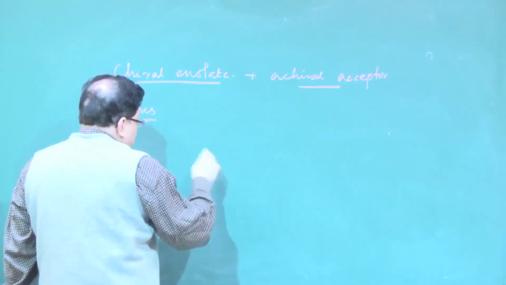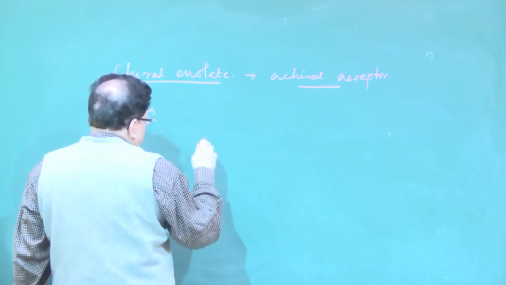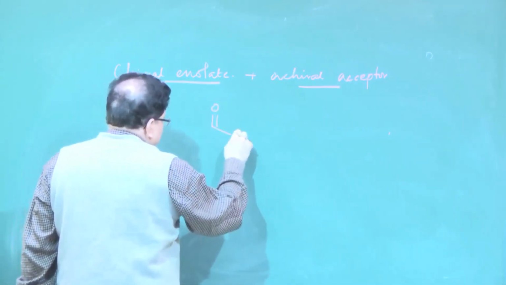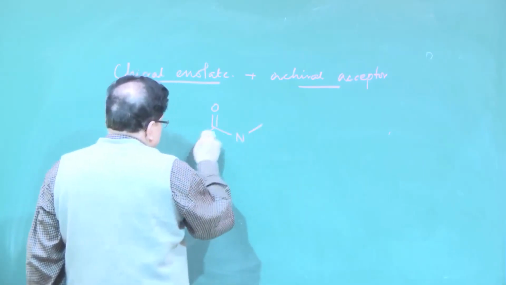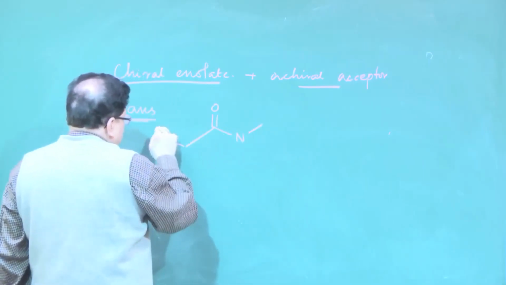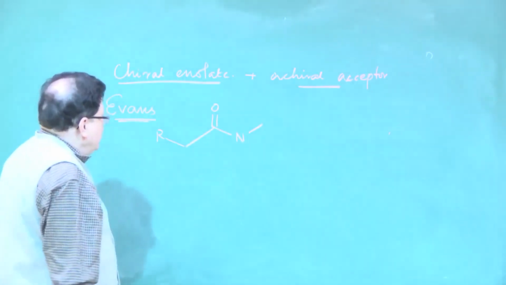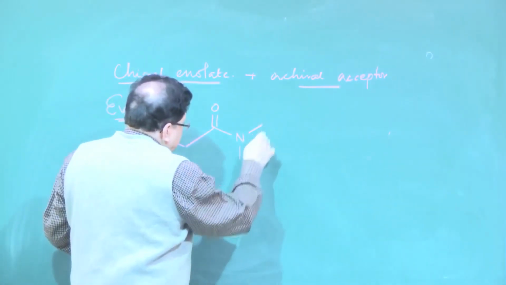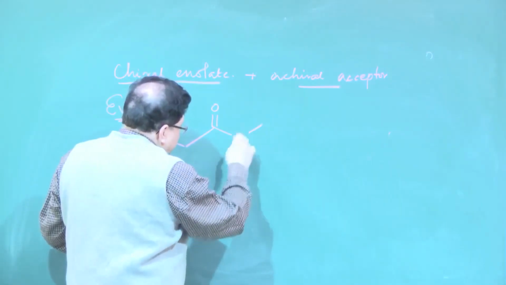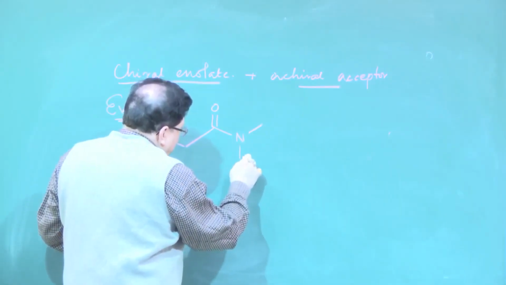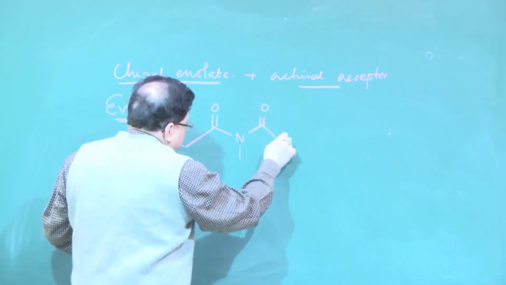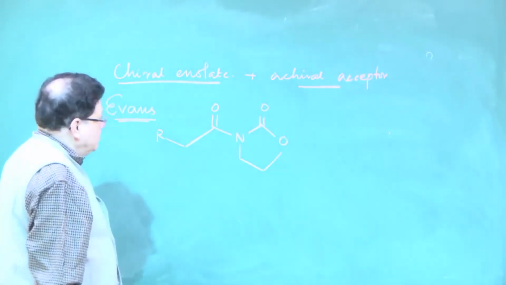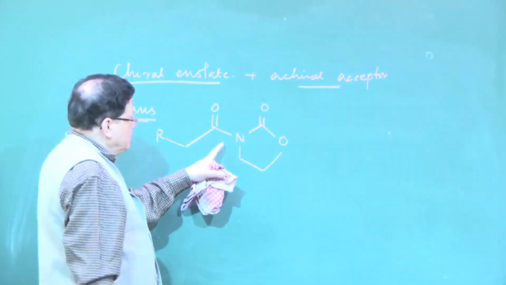The method was basically that suppose you have a compound like this, it is an amide type, but this amide is basically hooked as a chiral auxiliary. Okay.